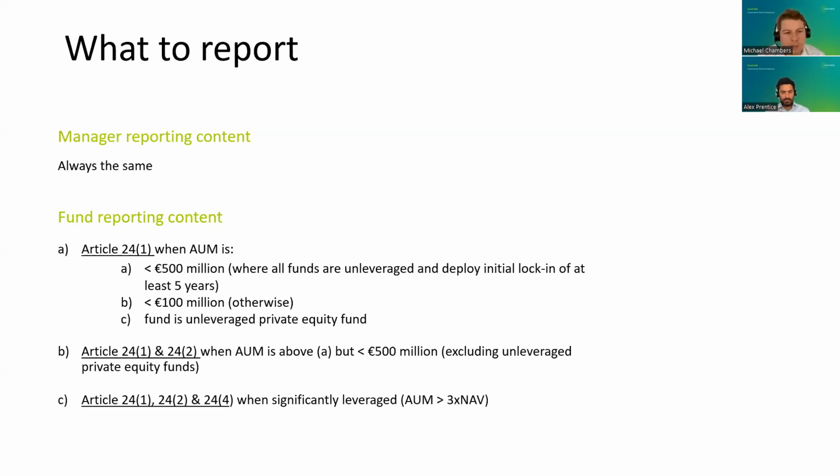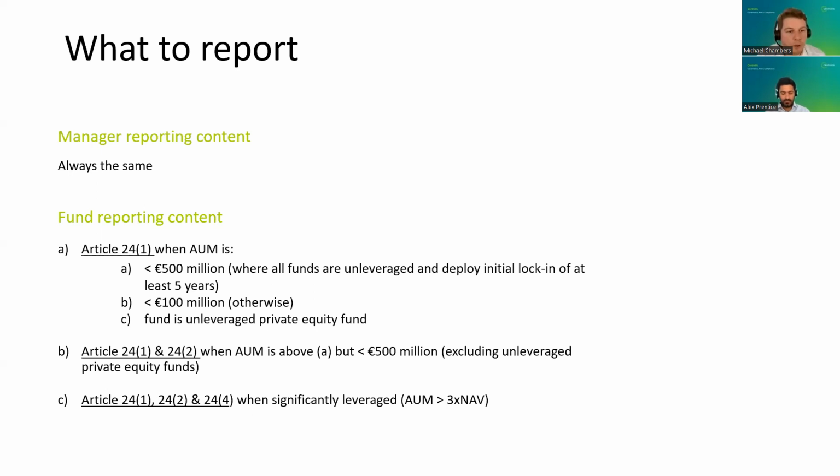The only thing that is worth mentioning that isn't on the slide is that marketing can also impact the level of content you have to report. For example, if you have a non-EEA or a non-UK fund, and whilst it's managed from the UK or EEA, it's not marketed into the EEA or the UK, then you don't need to do Article 24.2 at all.